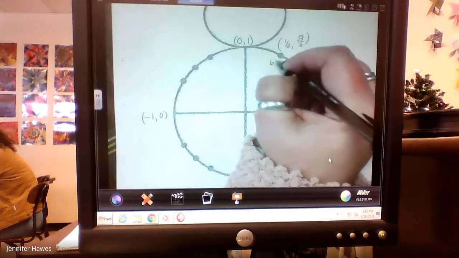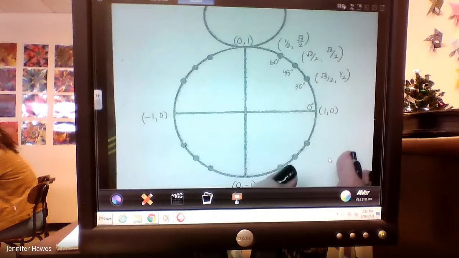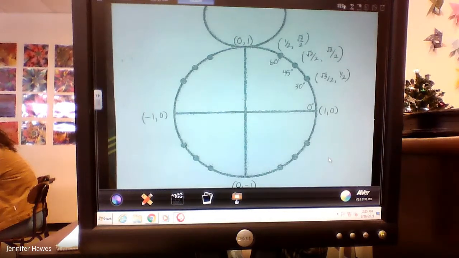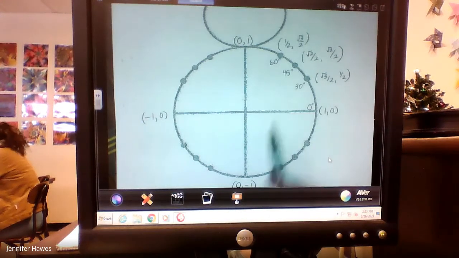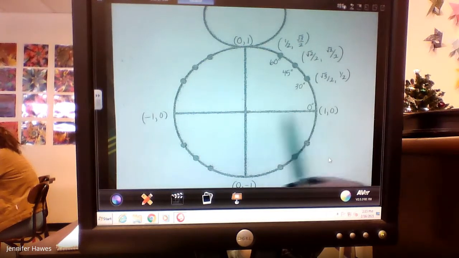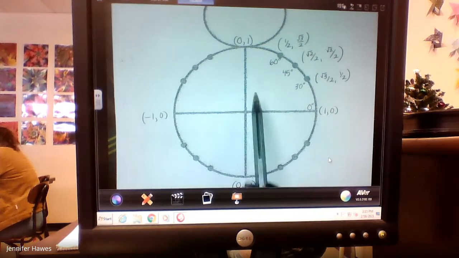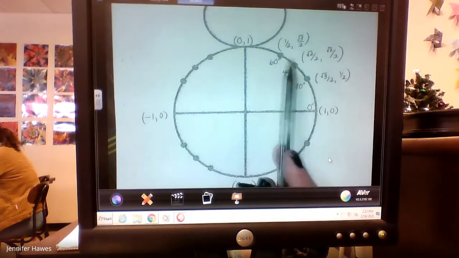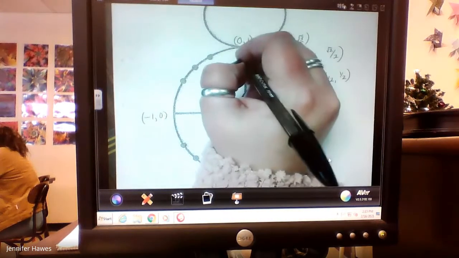And this one right here was 60. So what you have to remember is that little dot isn't 30 degrees. It's just that if I drew in my little triangle, that would be the little angle down here. If you think of the bow tie, that's what that angle is right there.